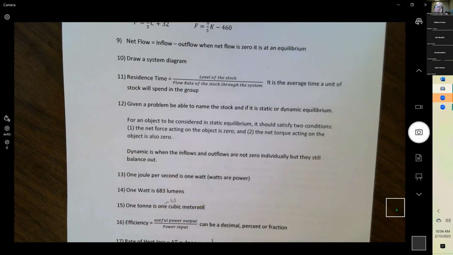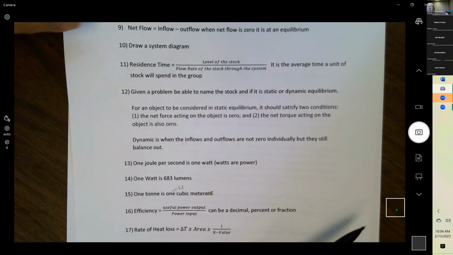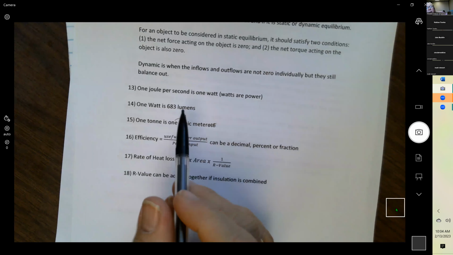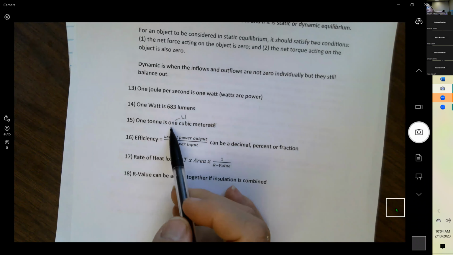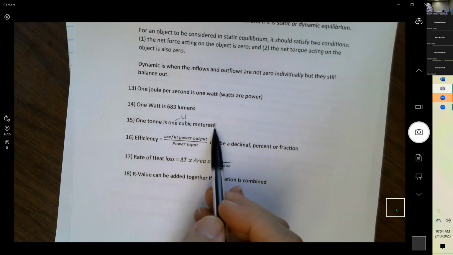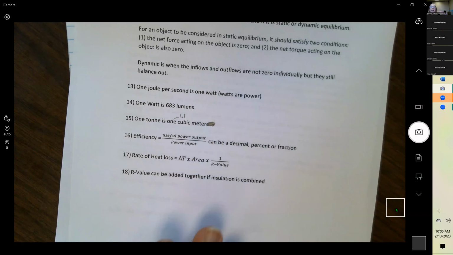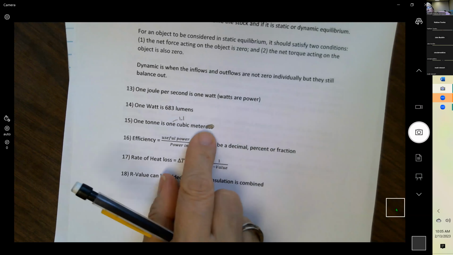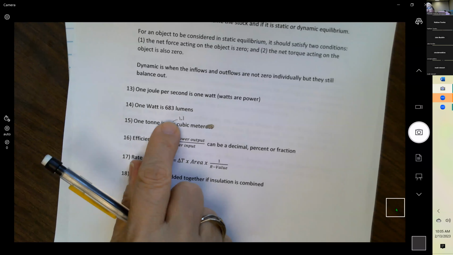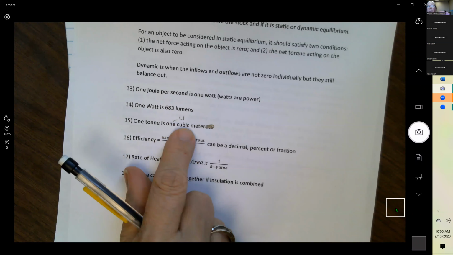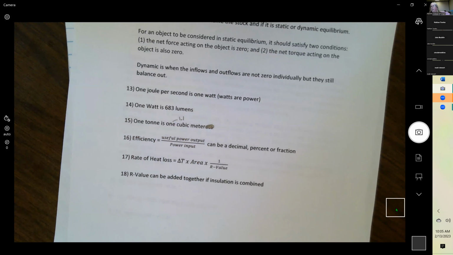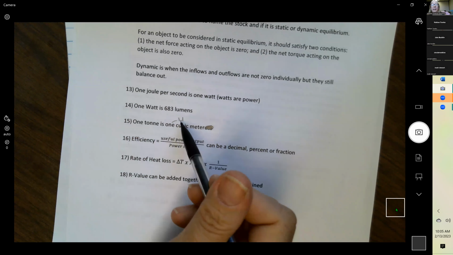But just different notes. Now I noticed your book has 1 tonne is 1 cubic meter. Somehow, I don't know what this was for, but that shouldn't be there. I will update it tonight, but I noticed it this morning. It's actually 1.1 cubic meter if you're looking at it online, but your book was just rounding that to a 1.